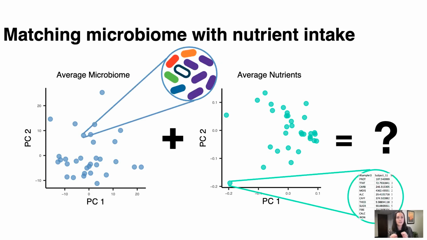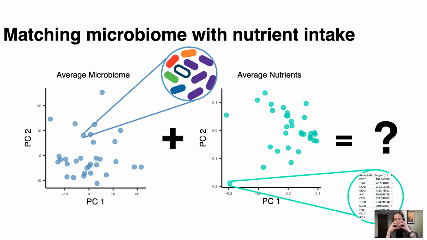So here on the left, each point represents an individual's average microbiome over the study period. And on the right, each point represents the person's average nutrient intake for the study period. And then we use Procrustes analysis, which takes one set of points and holds them fixed in a multidimensional space, and another set of points, and it finds the best agreement between those two sets of points.